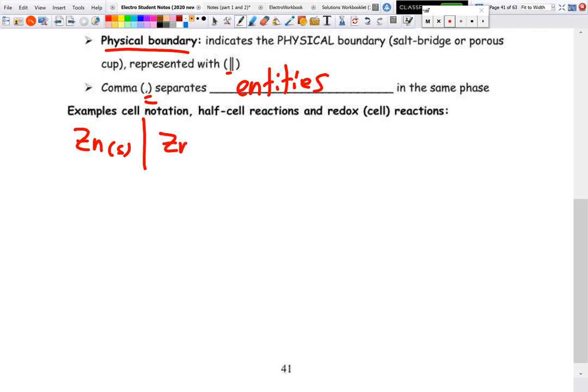My electrolyte solution is going to be zinc 2+, and we're going to get NO3-. So these are aqueous, so you'll notice how that comma goes in here. Next, sorry, that just froze up on me for a second. Then we have our phase boundary, then our next electrolyte solution.